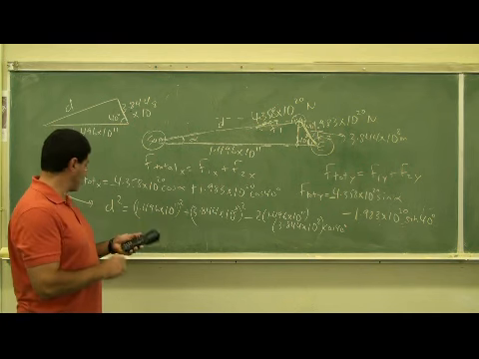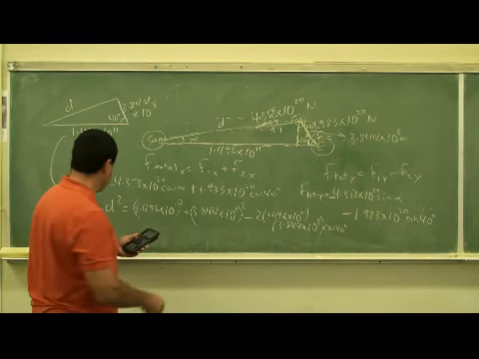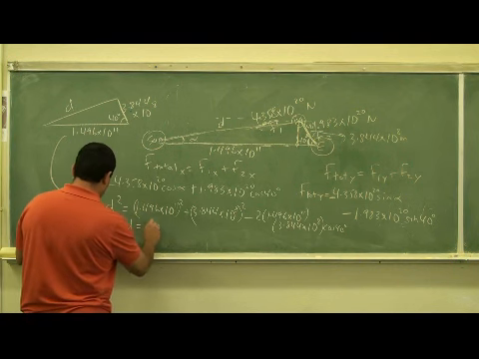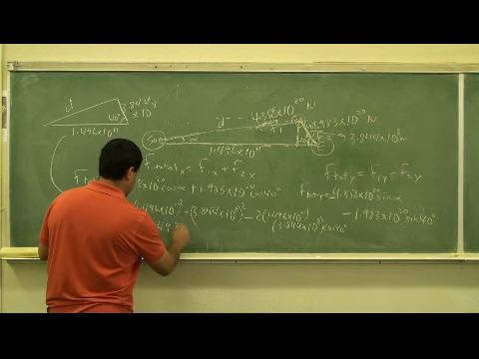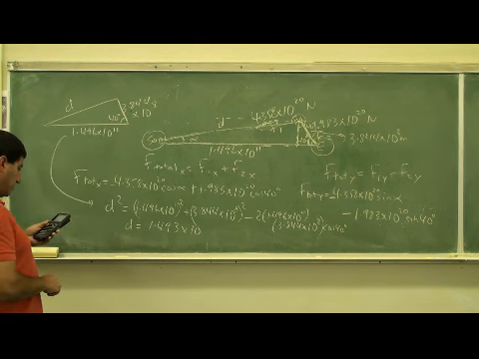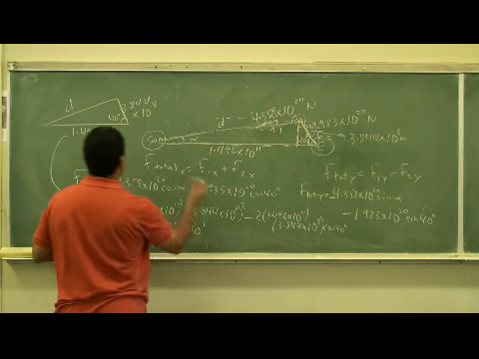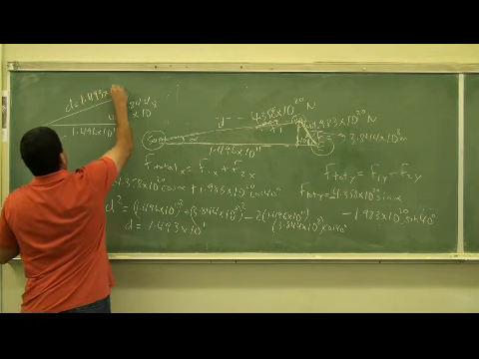So I get some number here, then I'm going to square root it, to the power of 0.5. I get 1.493 times 10 to the 11. Okay, so pretty close here.